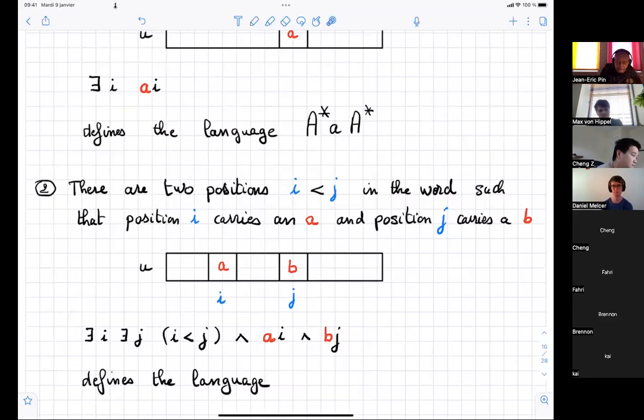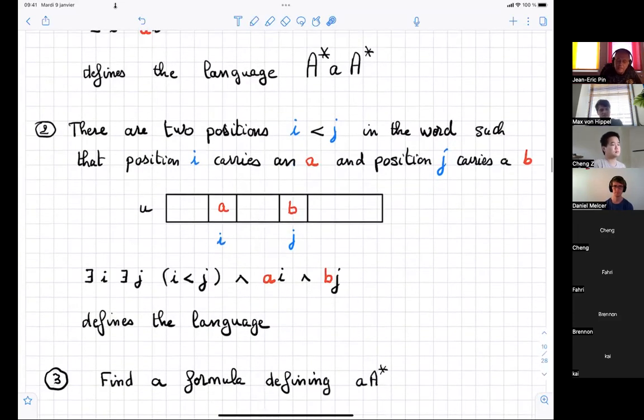There exists a position i, there exists a position j, i is smaller than j, and a(i) and b(j). In the same way, it would define the language A star, a, A star, b, A star, right?